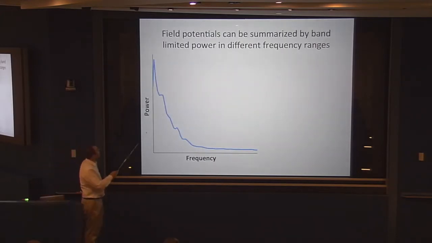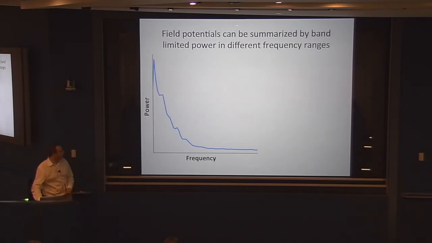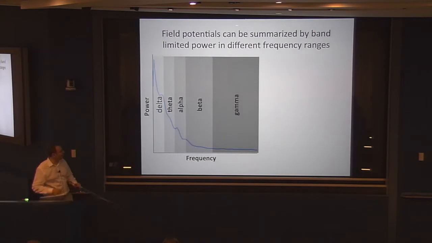And the idea that is often out there in the field, and I have had this in the back of my mind as I was working on this talk, is that when people measure electromagnetic signals from the brain, in this case let's say an ECoG signal, they'll often take the Fourier transform and look at the power or the amplitude spectrum, and then divide that signal up into bands.